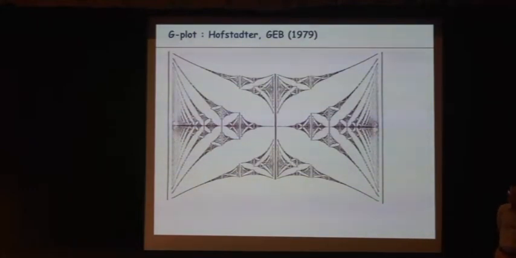This is basically the energy spectrum of electrons moving under a magnetic field in a periodic electrical potential. It turns out this problem hits exactly these issues of commensuration and incommensuration.